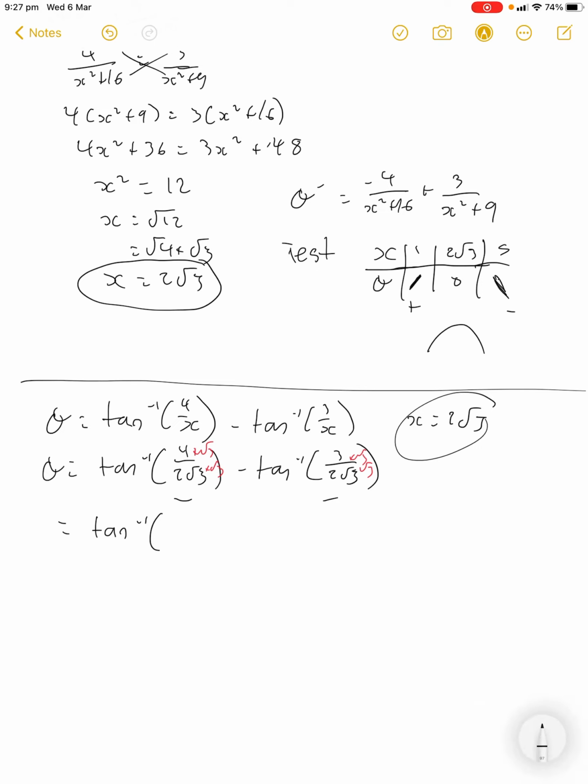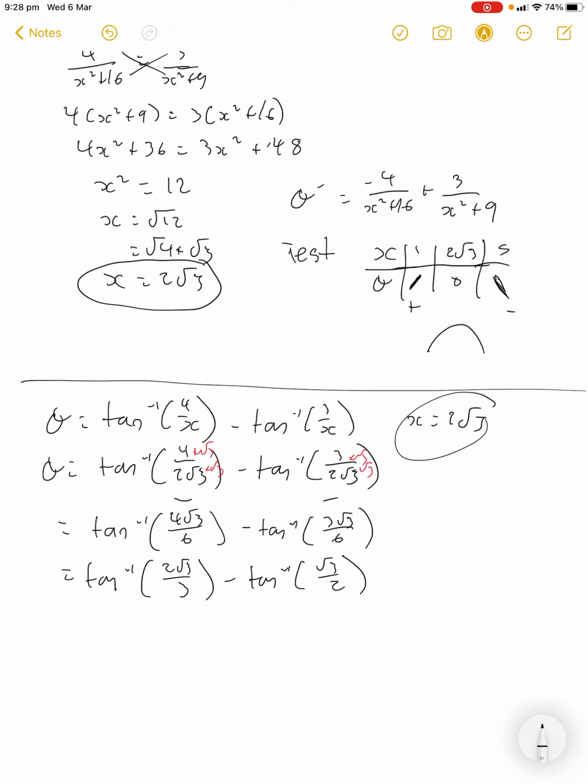So I end up in my first one with inverse tan of 4 root 3 over 6 minus the inverse tan of 3 root 3 over 6. That gives me, if I simplify, 2 root 3 over 3 minus root 3 over 2.